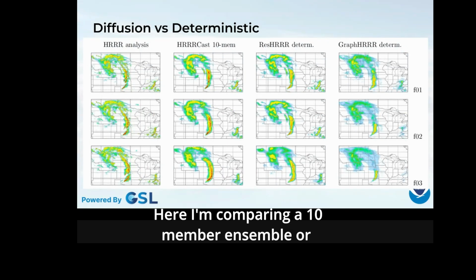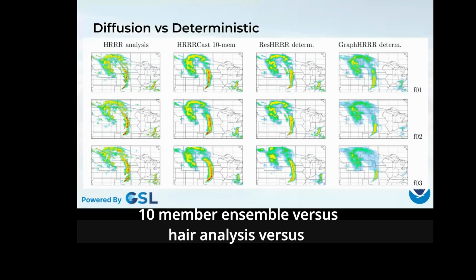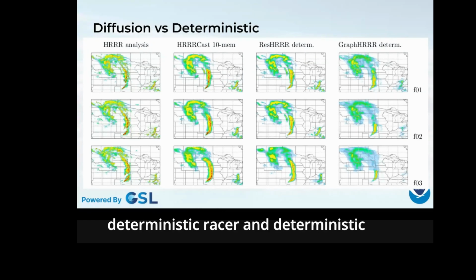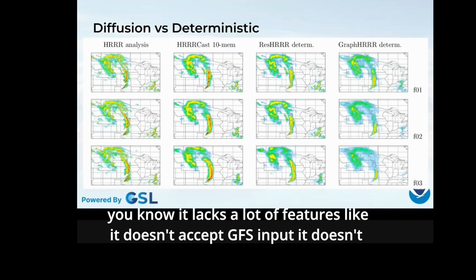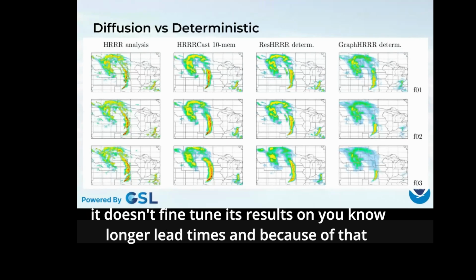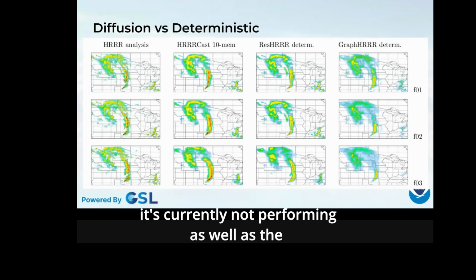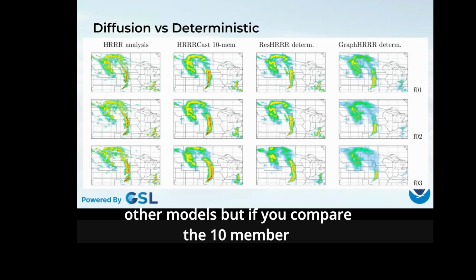Here I'm comparing our 10-member ensemble versus HRRR analysis versus deterministic Racer and deterministic Grapher. So you can see that Grapher lacks a lot of features, like it doesn't accept GFS input, it doesn't fine-tune its results on longer lead times, and because of that, it's currently not performing as well as the other models.